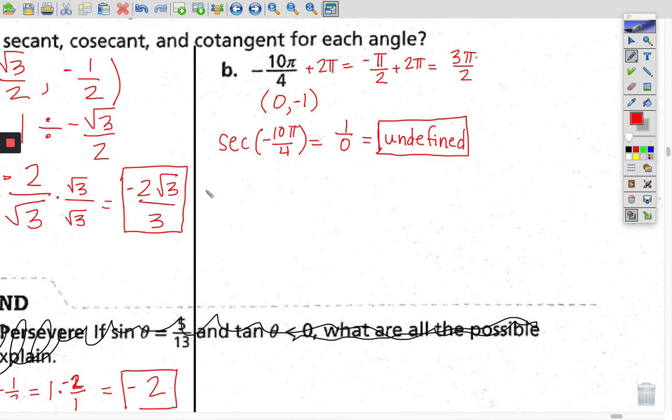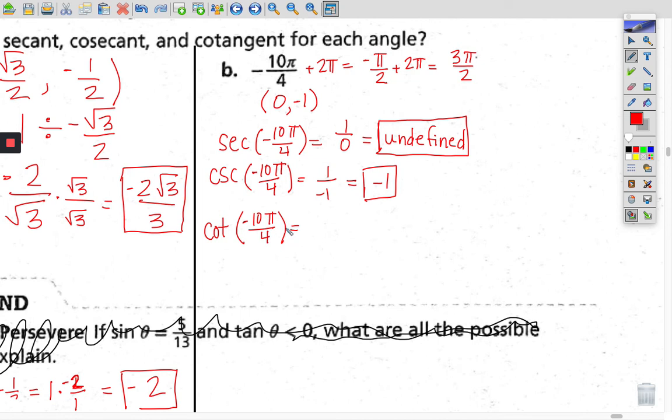Okay, cosecant of negative 10 pi over 4. Cosecant is 1 over y, so that's 1 over negative 1, which is equivalent to negative 1. And then cotangent of negative 10 pi over 4 is x over y, so 0 over negative 1, and that equals 0.